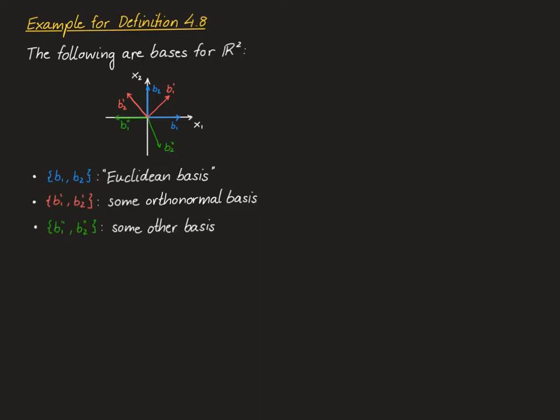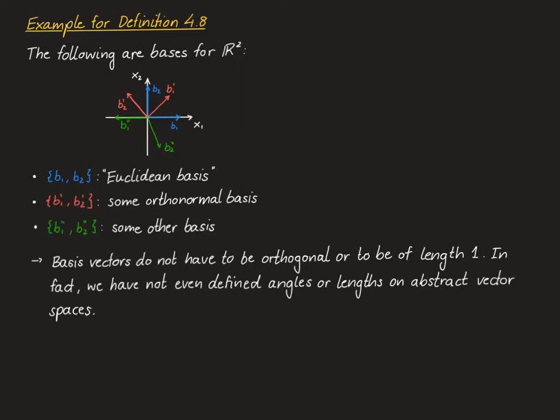However, definition 4.8 does not require basis vectors to be orthogonal or to have length 1. So for instance, these green vectors b1' and b2' also represent a basis for the vector space R2. So we see that basis vectors do not have to be orthogonal or to be of length 1.